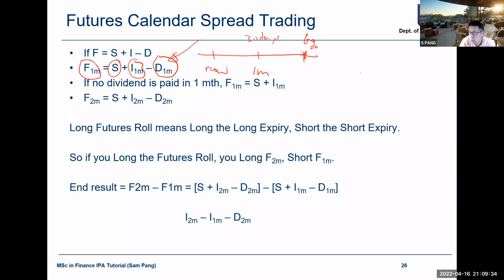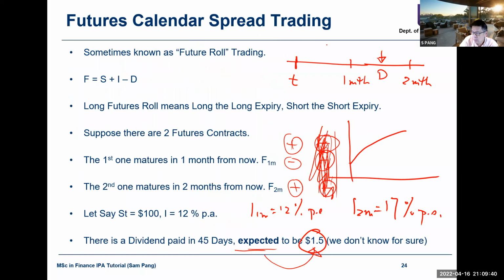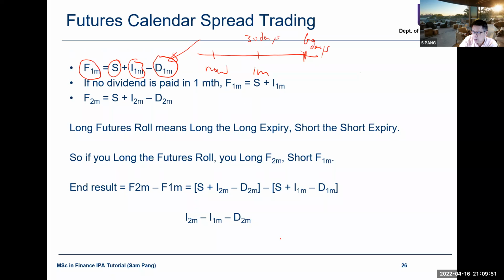Now, I told you that we expect, and the emphasis is on the word expect, we expect there will be a dividend of $1.50 here. So the market, in other words, is pricing in a dividend of $1.50. Now, please understand the market is not always right.